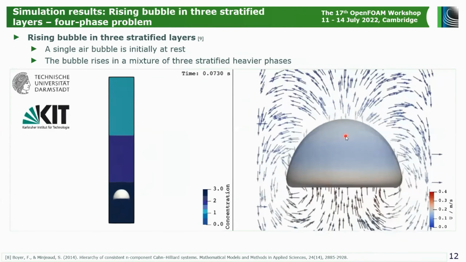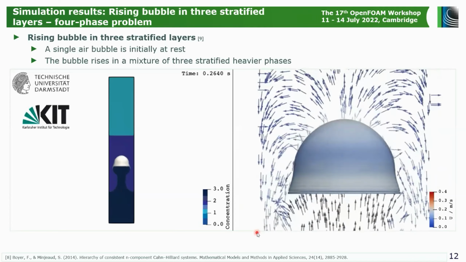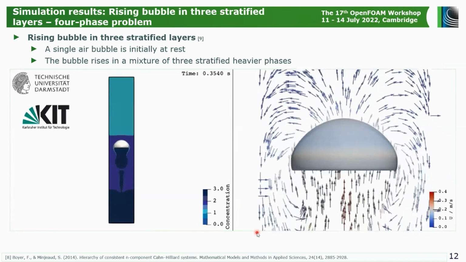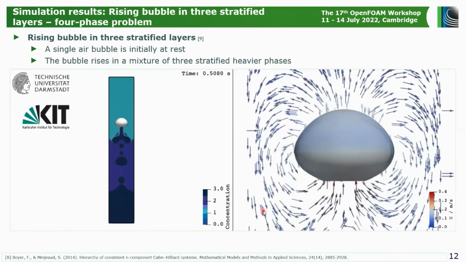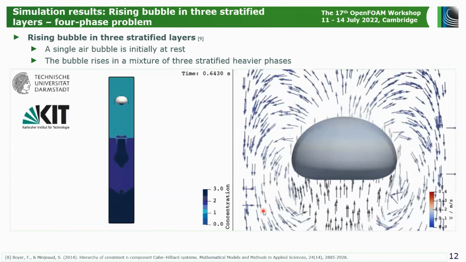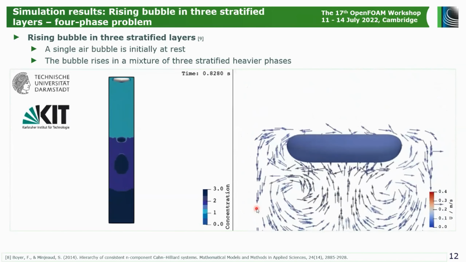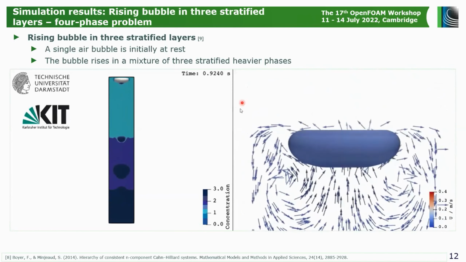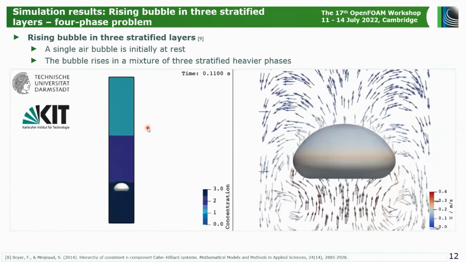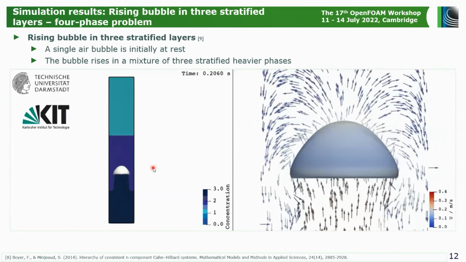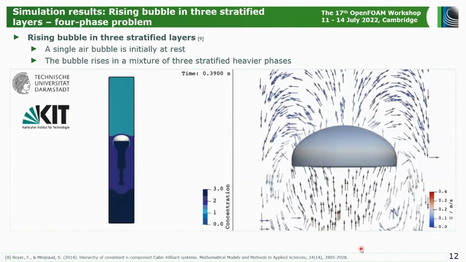With the velocity vectors and magnitude of velocity at the bubble surface, we can see that the bubble crosses the first interface, then crosses the second interface and moves to the top of the computational domain, which then stops there. Now, there is no experiment for this case, obviously, but the results were compared qualitatively with the paper, and similar results were obtained in both works, in ours and the paper mentioned here.